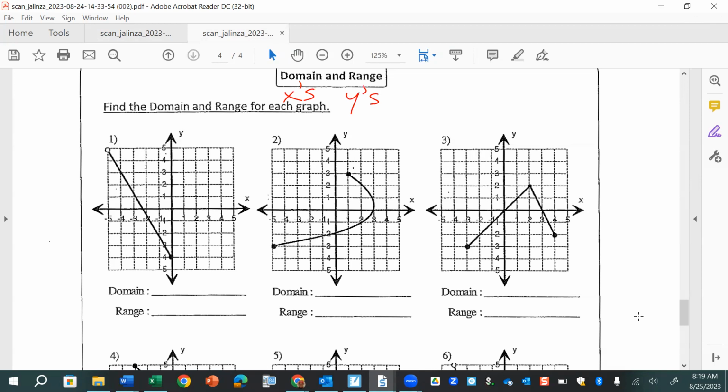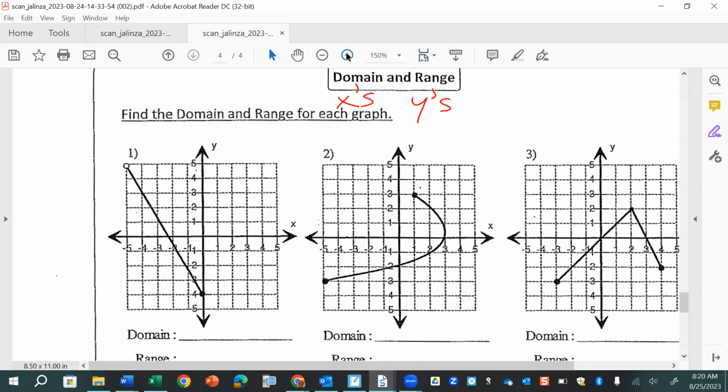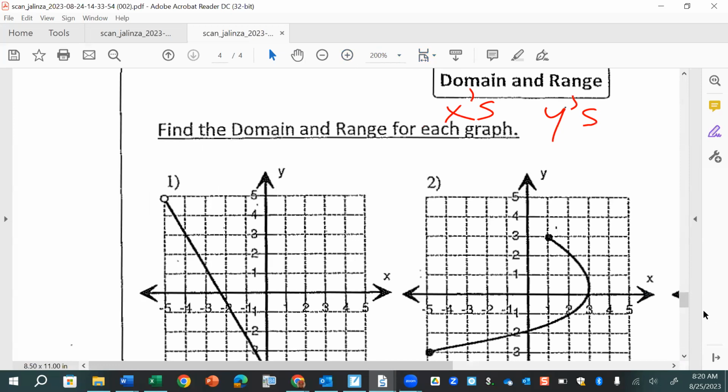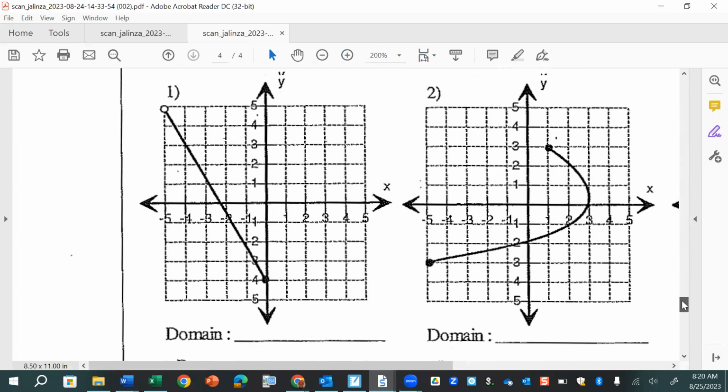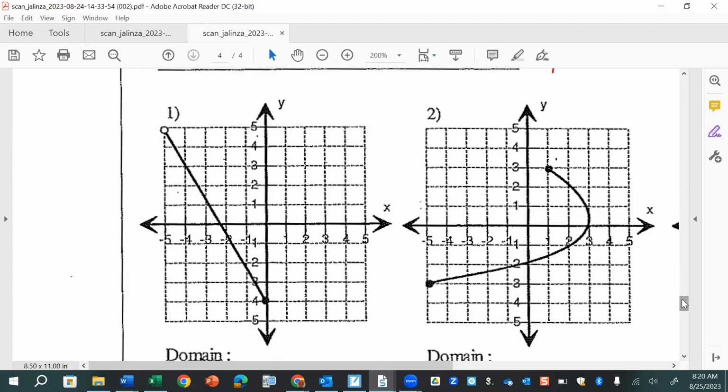And might as well look at the first one. So there's the function.